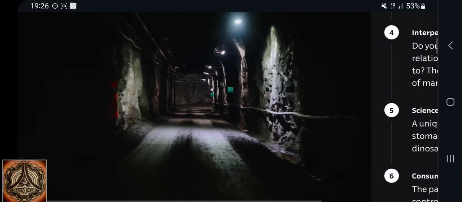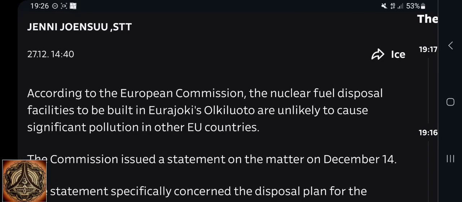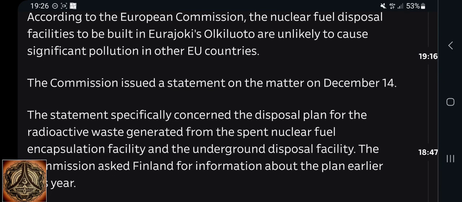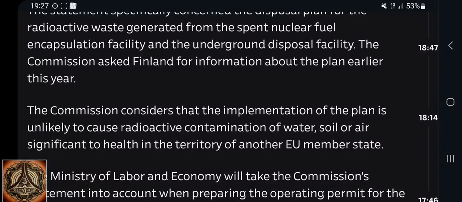Yeah, this time they don't show any water. According to the European Commission, the nuclear fuel disposal facility to be built in Eurajoki's Olkiluoto are unlikely to cause significant pollution in other EU countries. The Commission issued a statement on the matter on December 14th. The statement specifically concerned the disposal plan for the radioactive waste generated from the spent nuclear fuel encapsulation facility and the underground disposal facility. The Commission asked Finland for information about the plan earlier this year.